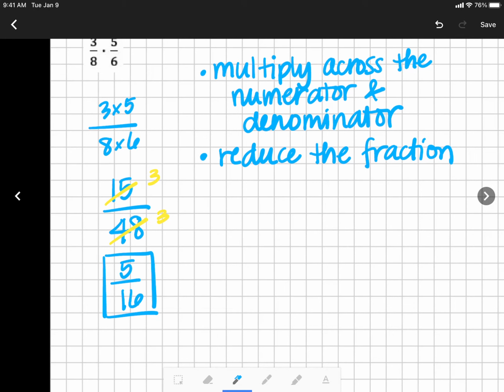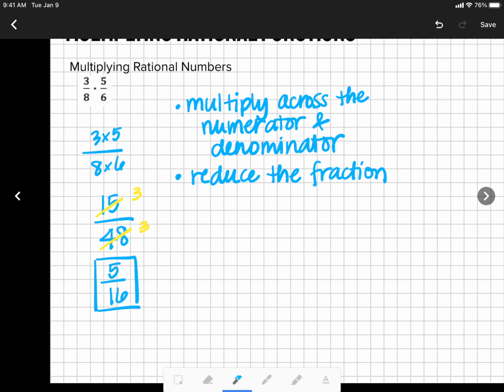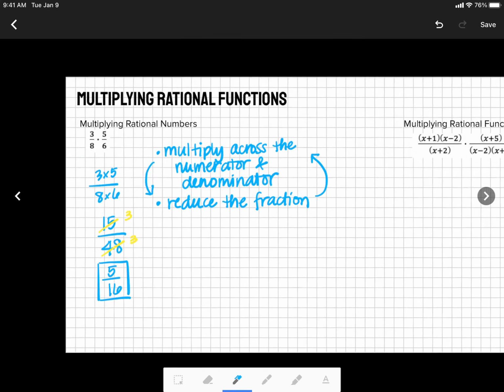But there is another path to take, and that's by starting off by reducing the fraction. So I'm going to draw arrows because we could reverse the order, and that's what we're going to do on rational functions. So let's take a look at the rational function, and let's try reversing the order where we start by reducing the fraction and then we multiply across.